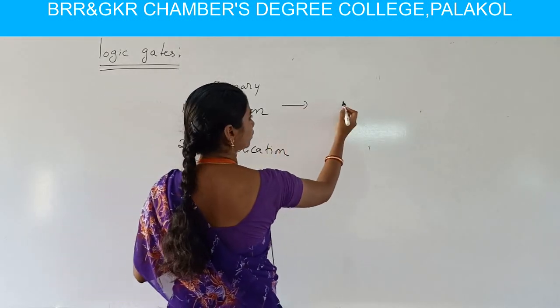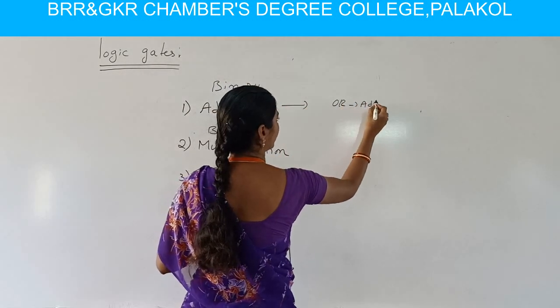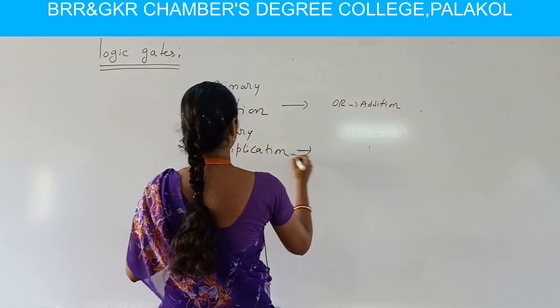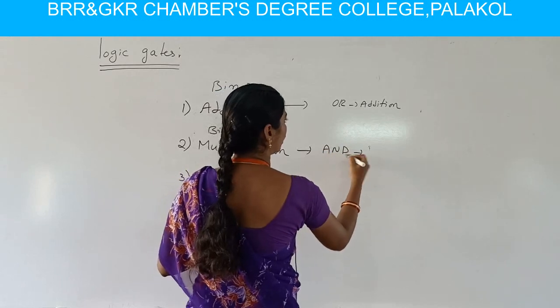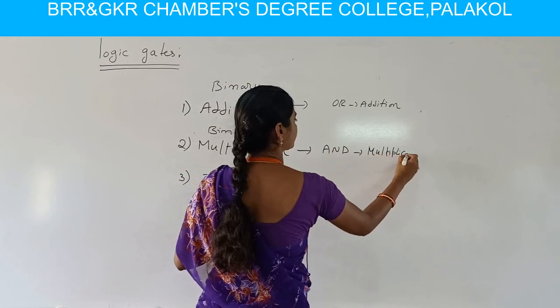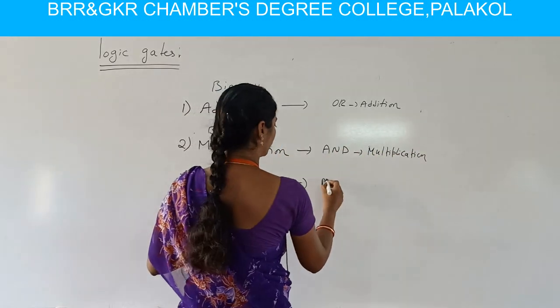Binary addition means OR addition, and binary multiplication means AND multiplication. And inversion means NOT.